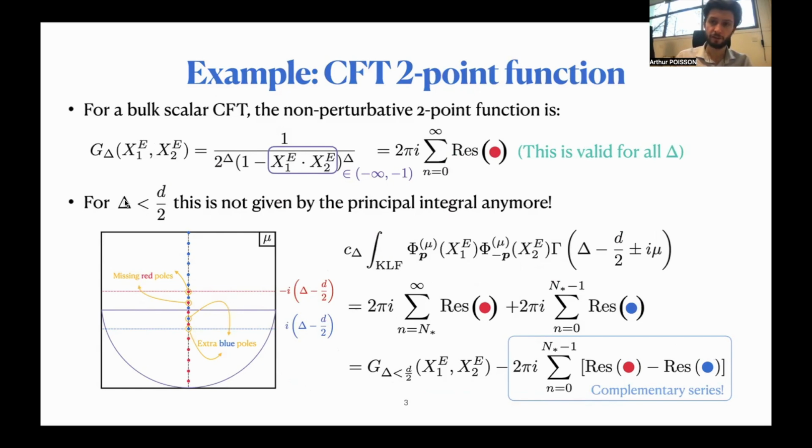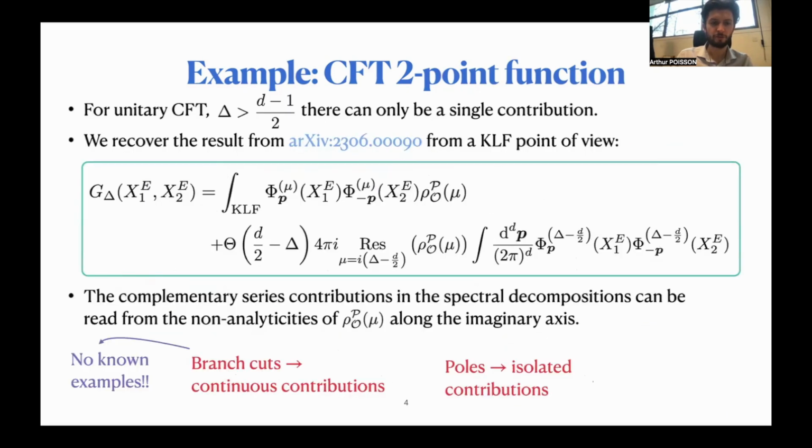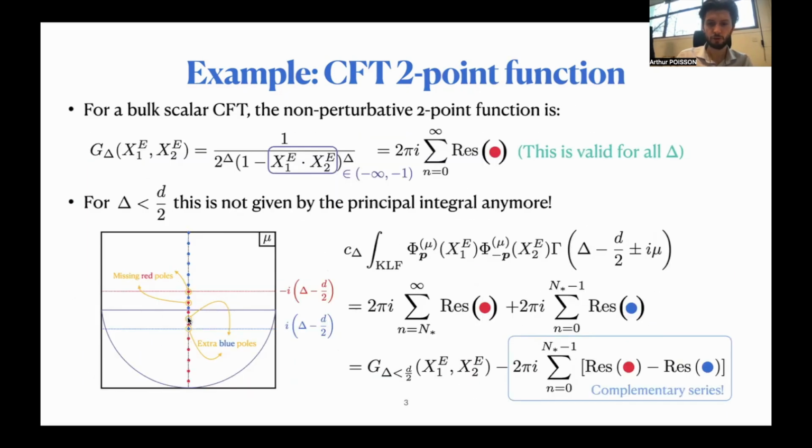But if Δ is smaller than d/2, then you can see that you inverted the hierarchy between Δ and d/2, and then the red and the blue poles actually inverted their positions. And then you see that some red poles are actually missing in the contour, and they've been replaced by extra blue poles here. And consequently, the integral is given by the sum of the red poles, and not all of them, and a sum of the blue poles.